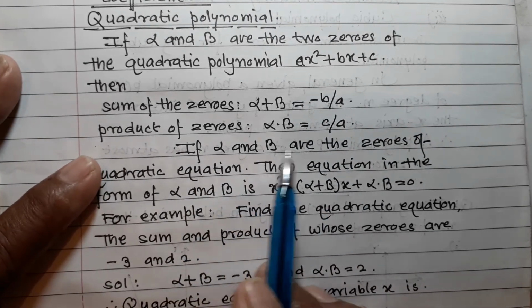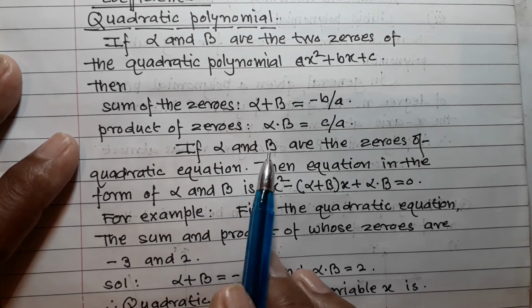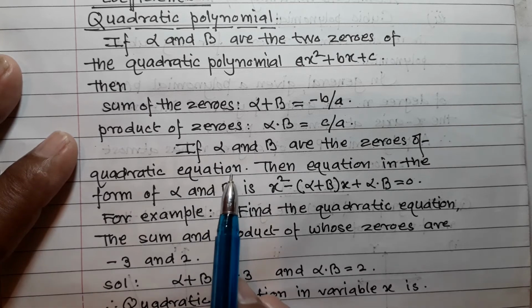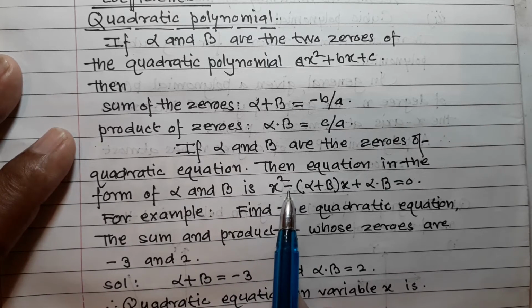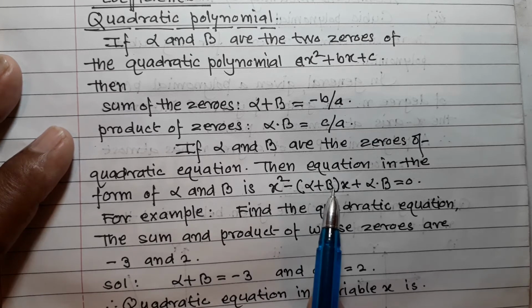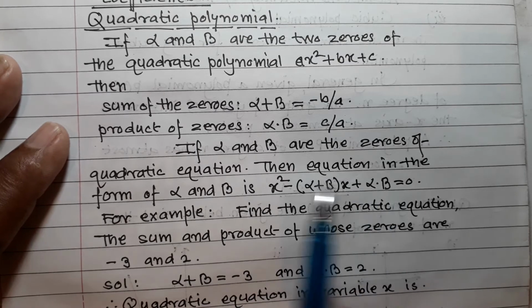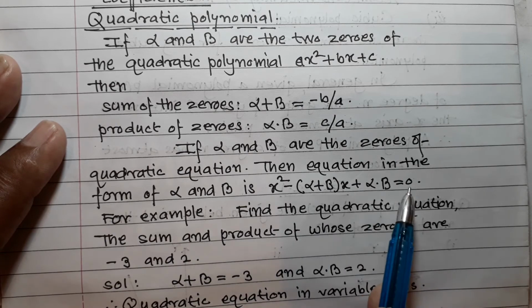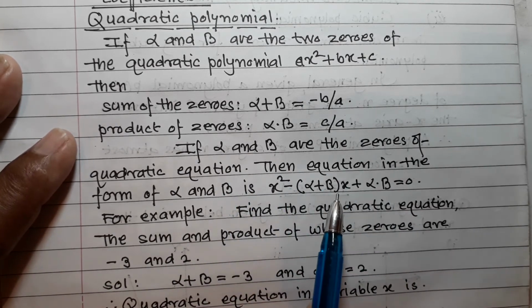If alpha and beta are the zeros of the quadratic polynomial given, then you can write that polynomial in this way: x square minus (sum of the zeros) into x plus the product of the two zeros is equal to 0. This is the quadratic equation when alpha and beta, the zeros, are given.